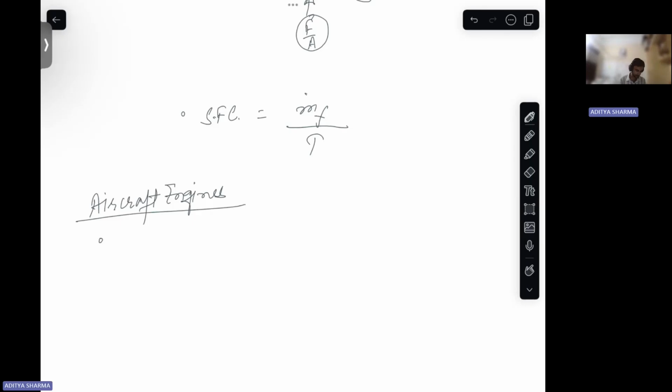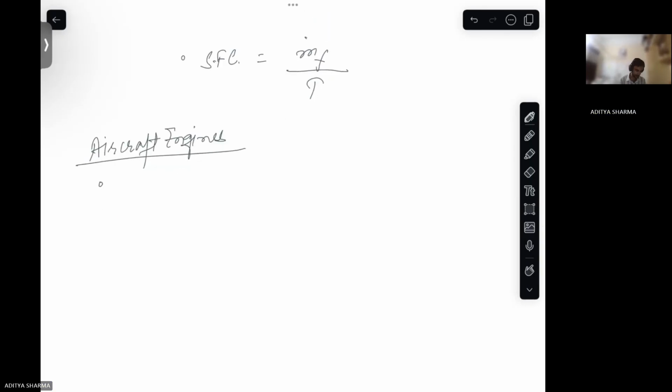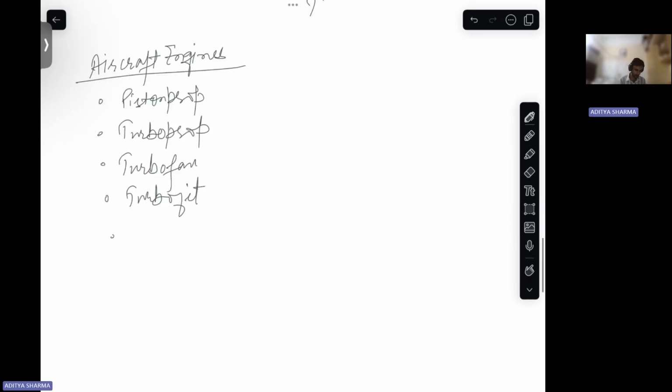Engines like piston prop, turboprop, turbofan, turbojet, ramjet.